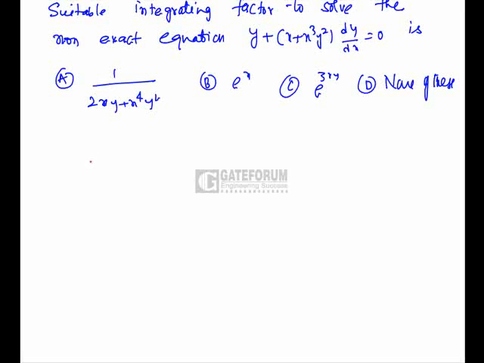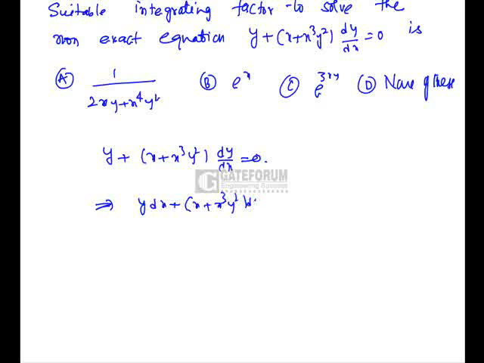The given non-exact differential equation is y plus x cube y square into dy by dx equals 0. This can be written as y dx plus x cube y square dy equals 0. Now here M is nothing but y, N is nothing but x plus x cube y square. Now, dou M by dou y is nothing but 1.